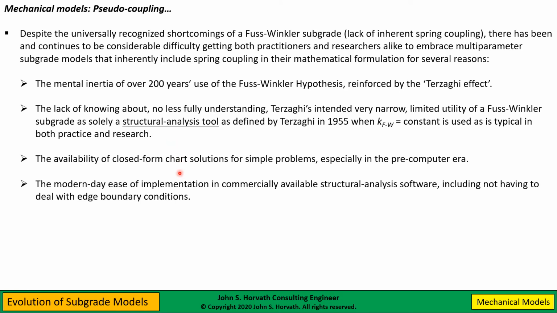One of the benefits, I guess, of the Fuss-Winkler hypothesis is that you don't have to worry about edge boundary conditions. With uncoupled springs, where there's no load, the springs don't deflect. So there are no boundary conditions you have to worry about.